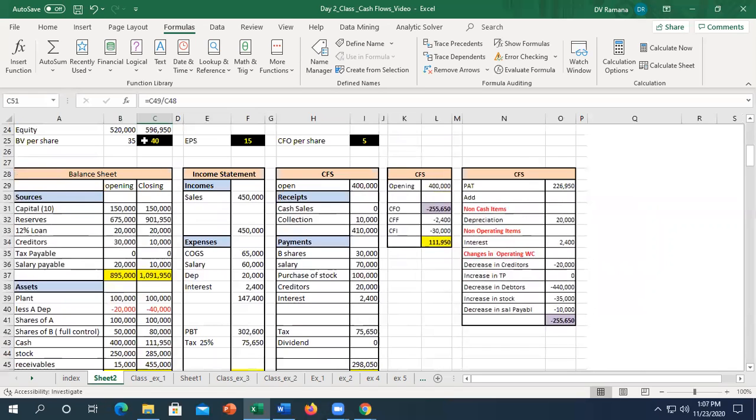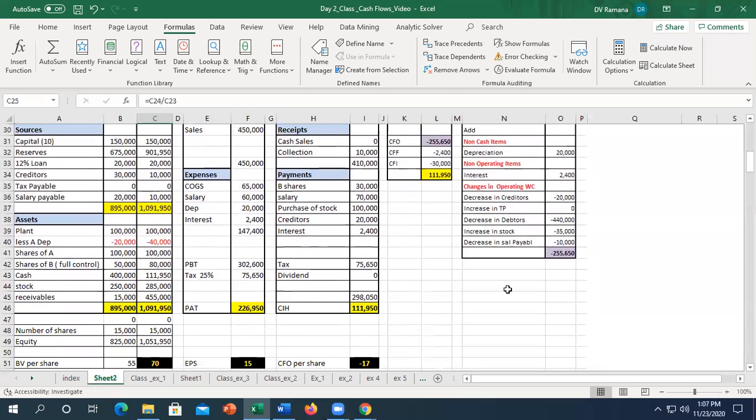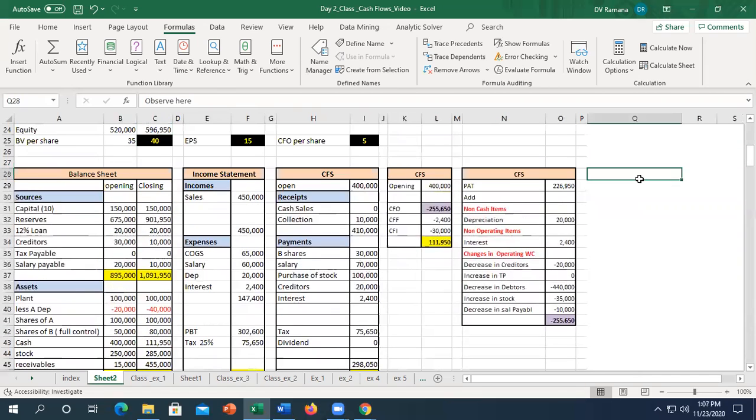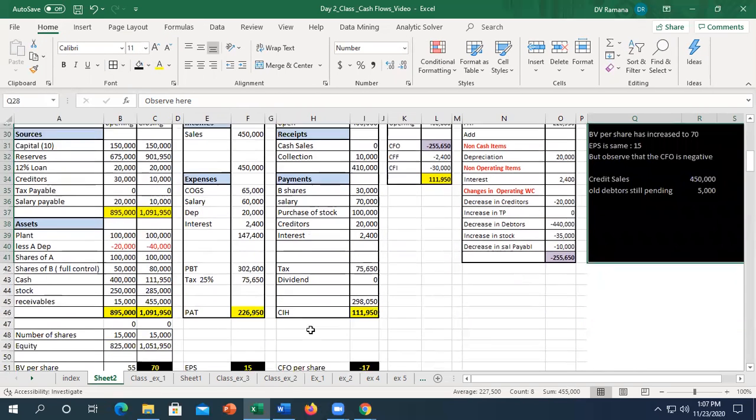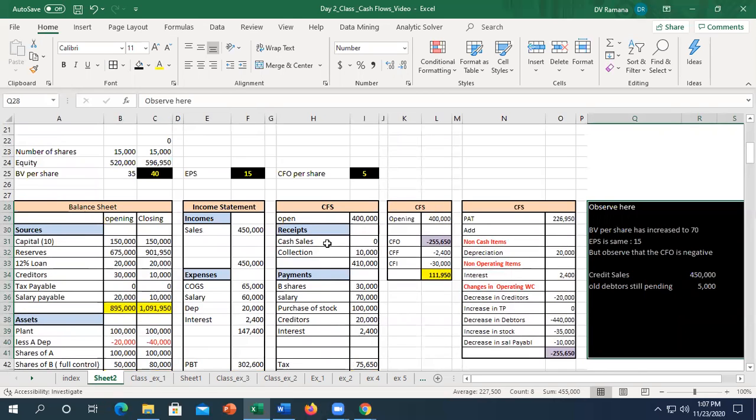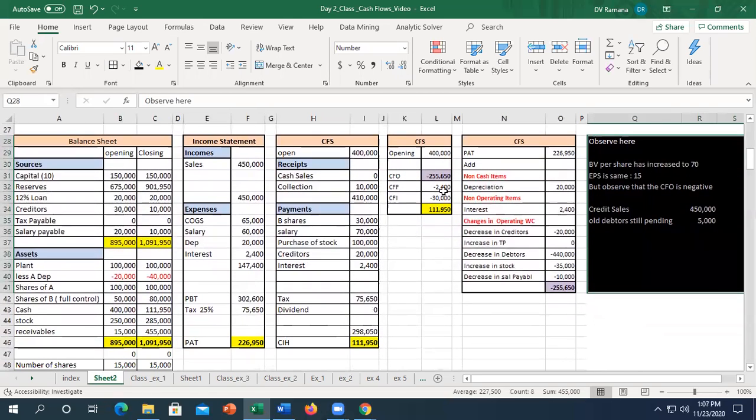Let us examine why the book value has increased by 270. But you should also be careful to observe the cash flows. In this example, the cash flow from operation is negative. Same profit, but negative CFO.